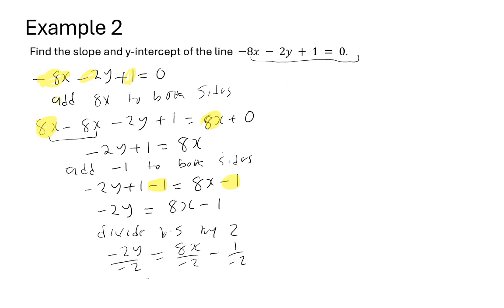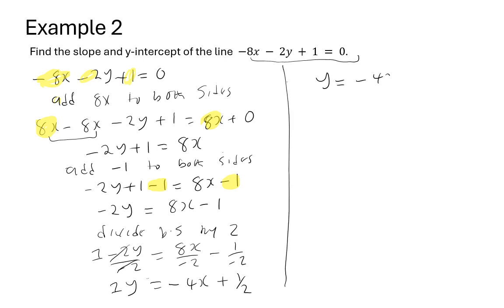Minus 2y divided by minus 2 gives 1y, which is the same as y. Here 8x divided by minus 2 will give you minus 4x. Minus 1 divided by minus 2 gives plus 1/2. So we can write it as y equal to minus 4x plus 1/2.